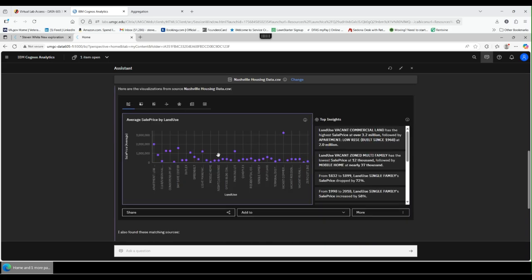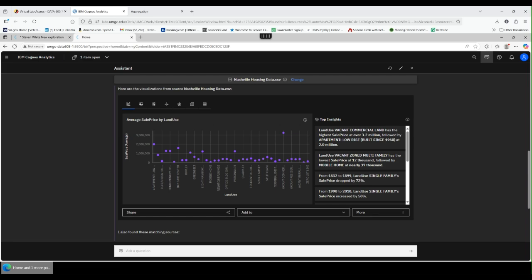I was able to see this by what type of use it had. For a duplex, it was able to show me the average sales price and gave top insights, like you can see here. I found it helpful for quick exploration and even discovering patterns I hadn't considered.